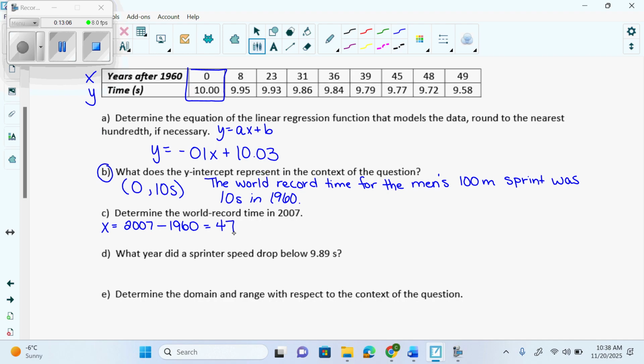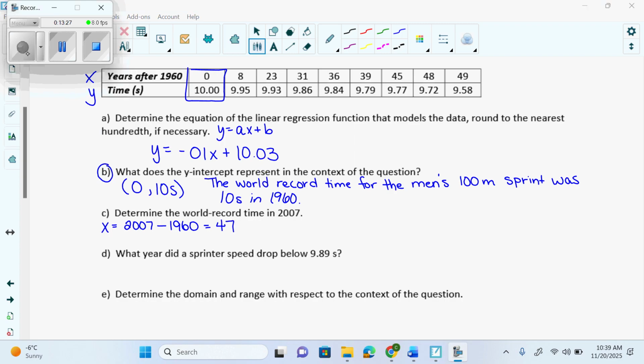So that means I know X. So I go second, trace, value, 47. If it errors me, that means my X max is probably less than 47 and it can't calculate it. Because it can only calculate what it can see. All right.